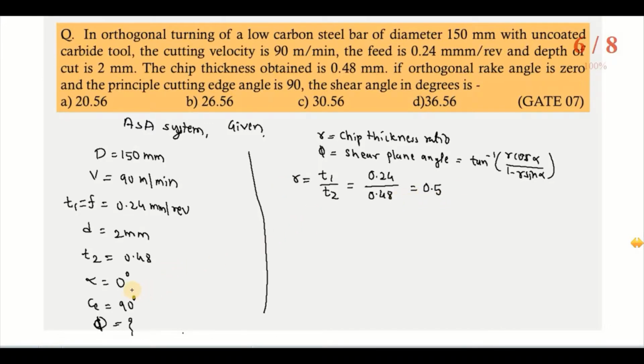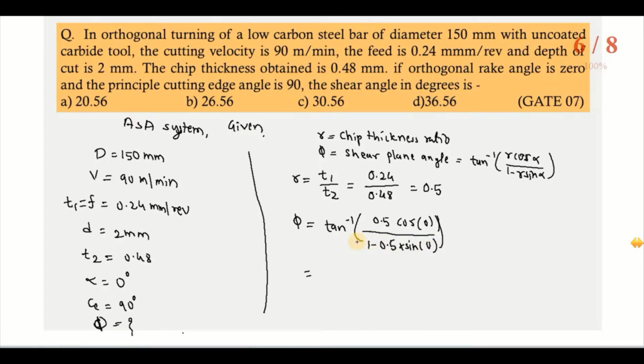So we have alpha as 0 degree, r as 0.5, put in this equation. So phi, which is the shear plane angle, equals tan inverse of 0.5 into cos 0 upon 1 minus 0.5 into sine of 0.